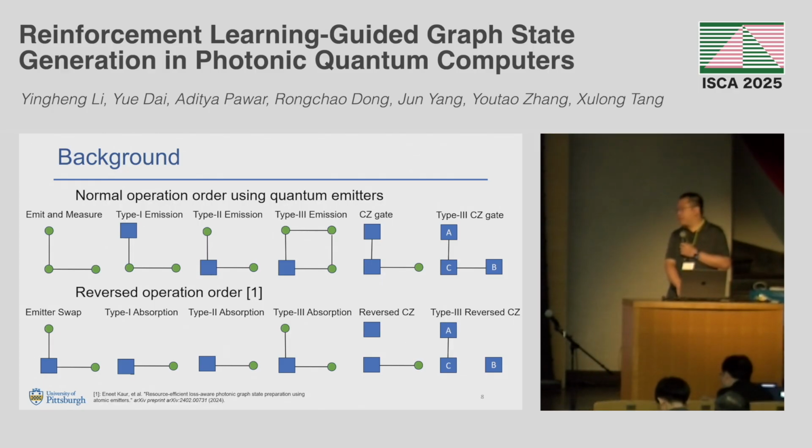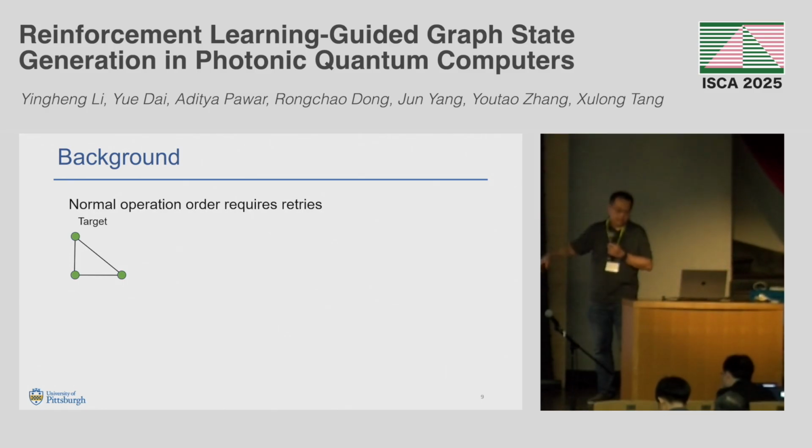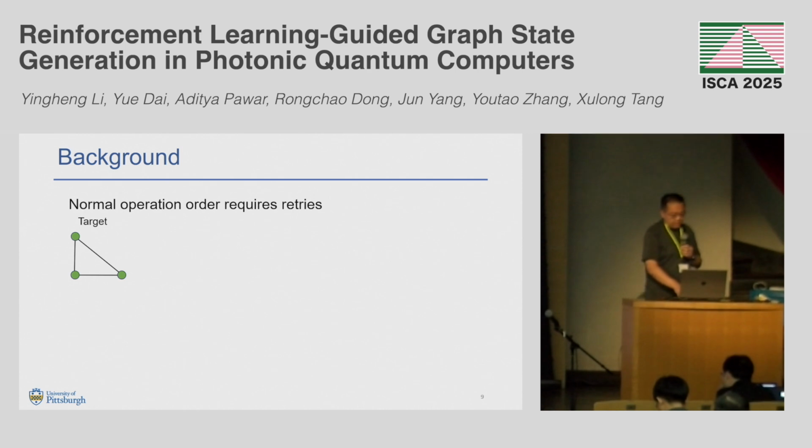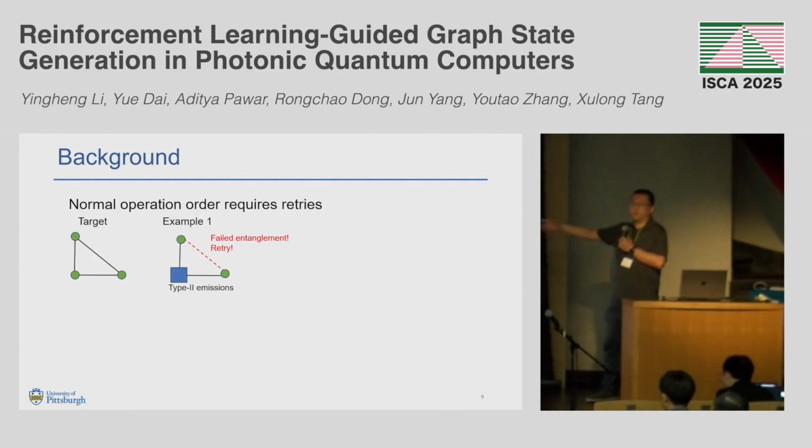So why do we have this reverse order, why is this important? If we look at the normal order, if this is a target graph, very simple, a triangle here, what we have to do is start with one emitter, and if we try to use type 2 emission, it will pop out one photon there, and pop another photon here, and now we're stuck. There's no way for us to entangle these 2 photons, because from those 6 basic operations, there is no opportunity for that.